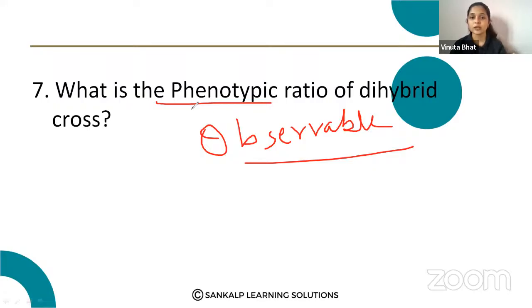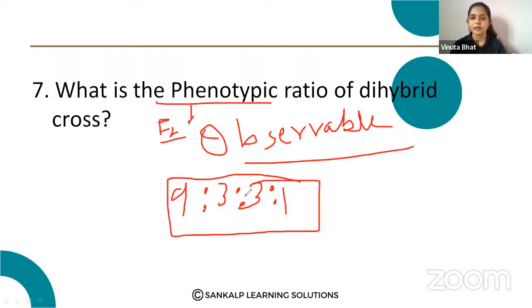In the F2 generation, the ratio is 9 is to 3 is to 3 is to 1. Very important, remember this. 9 round yellow seed producing plants, and like that, 1 green and wrinkled seed producing plant. So, totally 9 is to 3 is to 3 is to 1.